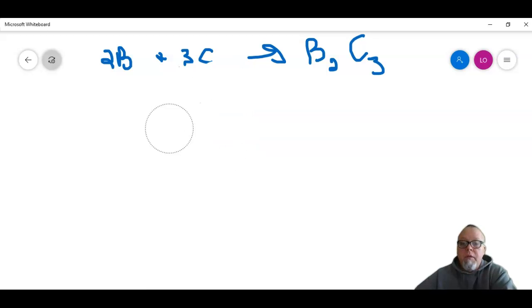So now let's build on what we've done and include our mole to mass and mole to number conversions.